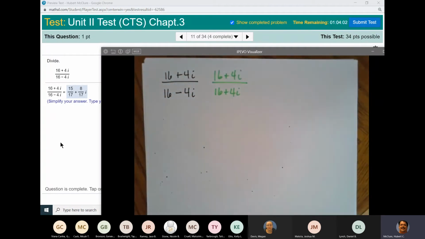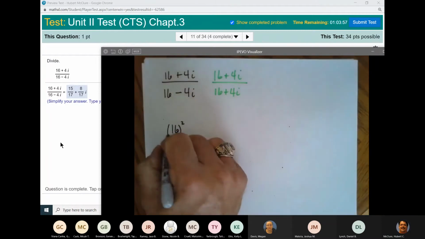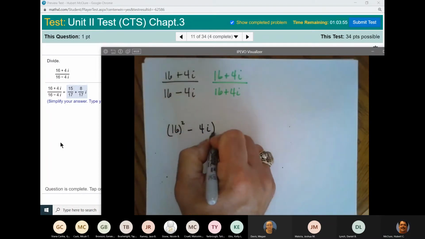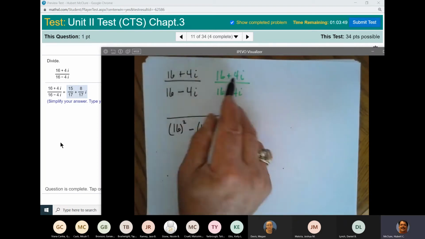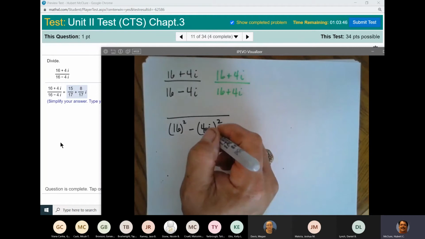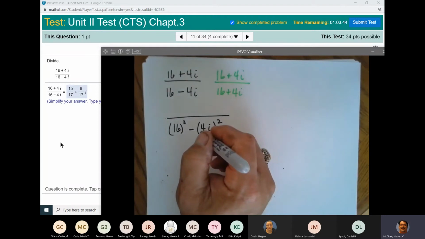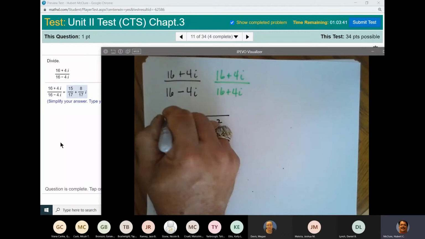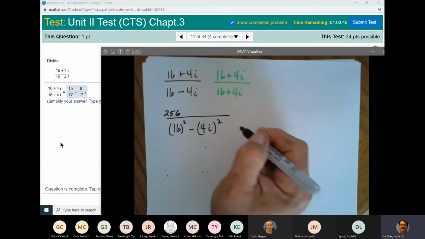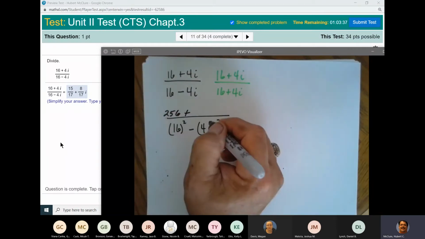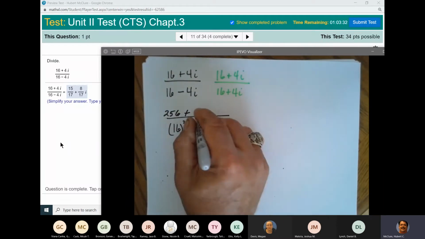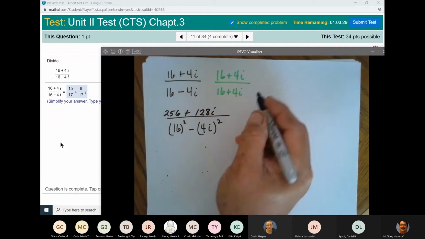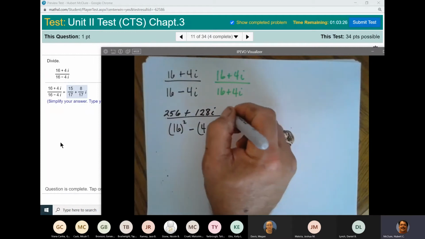And that's going to give me shortcut number 3 on the bottom, and shortcut number 1 on the top. 16 and 16, that's 256, isn't it? Plus 32 times 4 is 128. Y'all check my math. And then minus 16.